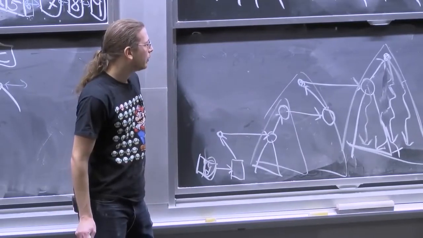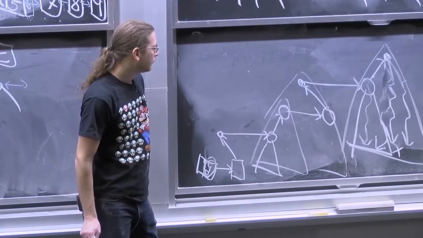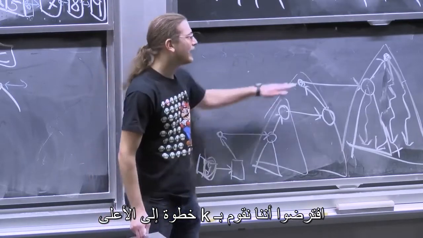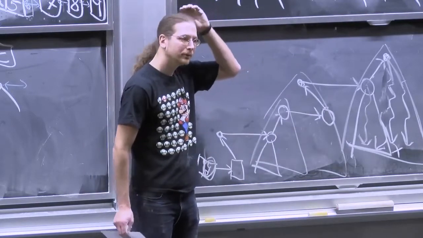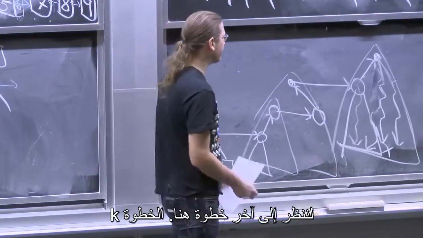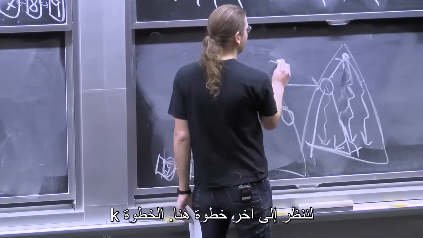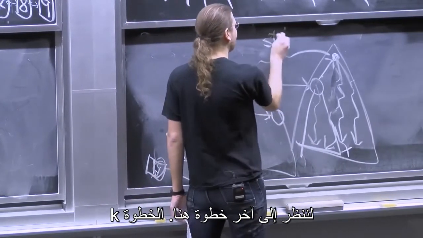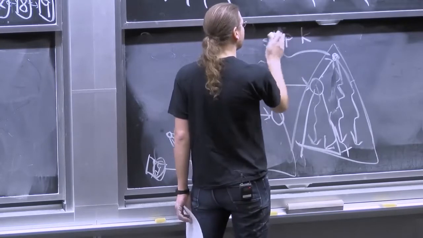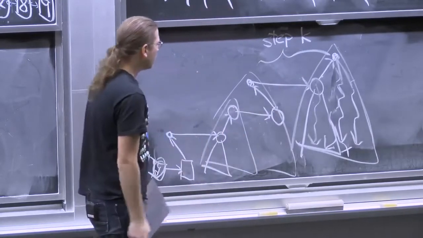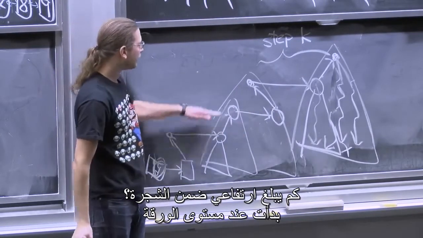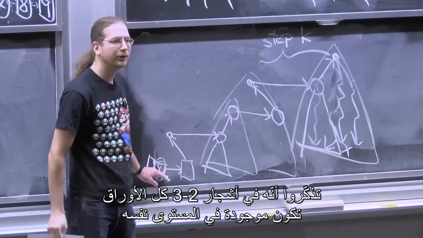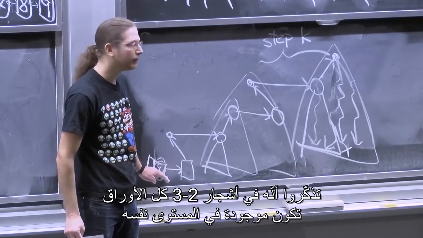Now, suppose we do k up steps. Let's look at this last step here, step k. How high am I in the tree? I started at the leaf level. Remember, in a 2-3 tree, all the leaves have the same level.